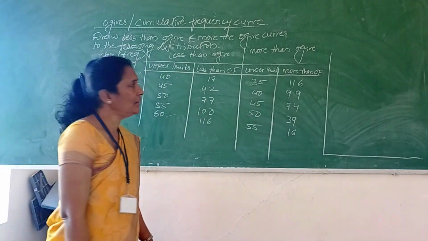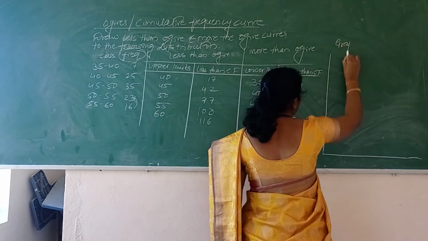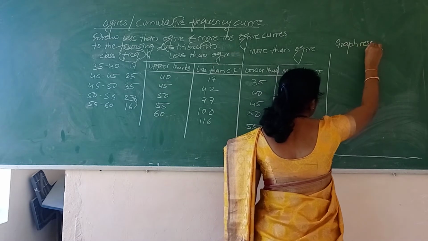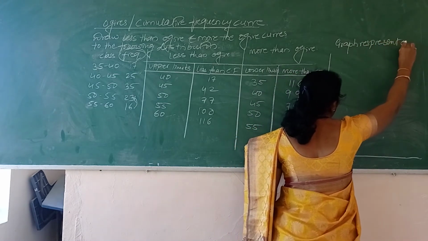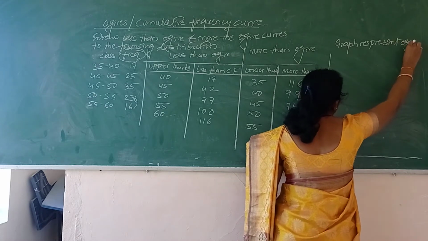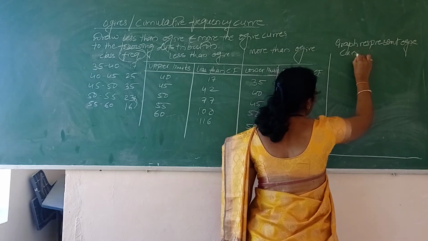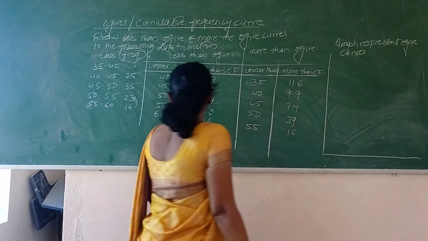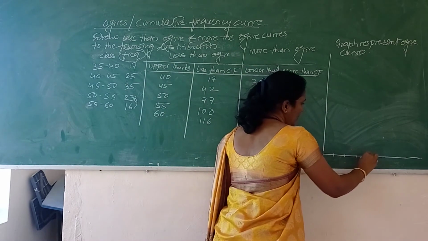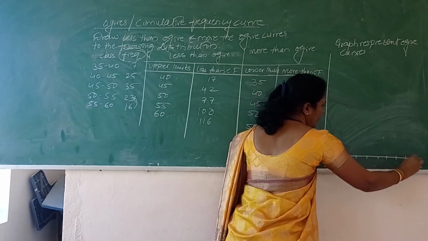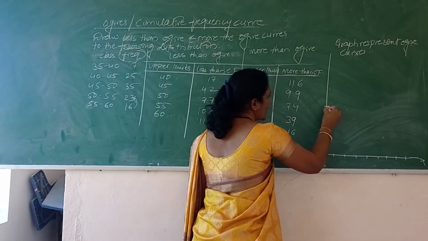So give the title: graph representing ogive curves. Now, the scale: x-axis, then y-axis.